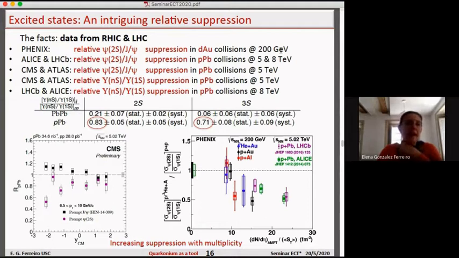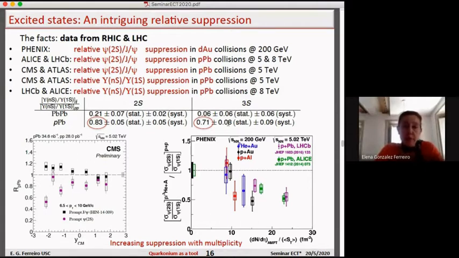Then ALICE, LHCb, CMS, ATLAS, all of them obtained a relative suppression of the excited over the ground state in proton-nucleus or deuteron-nucleus collisions, for charmonium and for bottomonium. Relative means that in all those cases, there is a normalization to the value obtained in proton-proton in order to see if there is a suppression due to the nucleus.